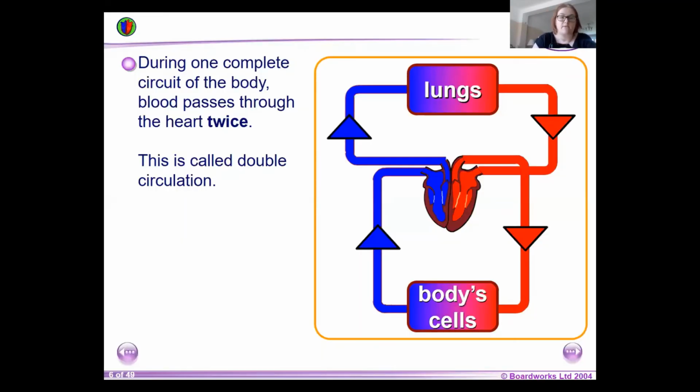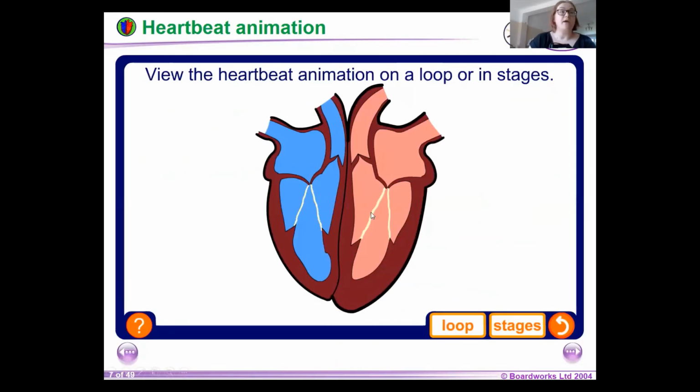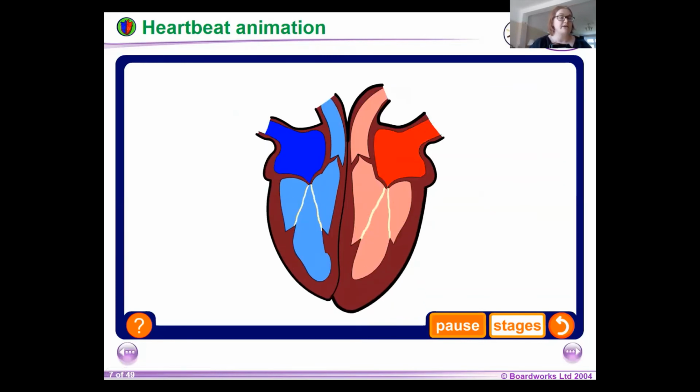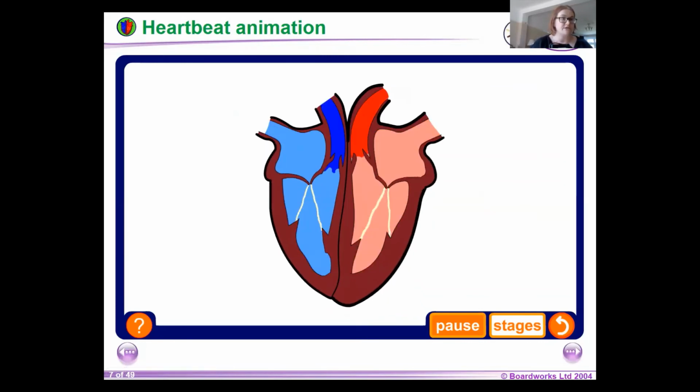So if we go back and have a look at our heart again, we've gone through the structure of our heart, so I want us to think a little bit about the heartbeat. We should now be able to see our heartbeat and see what's happening whilst the heart is beating. So blood's going into the top and then out. It goes into those atria, down into the ventricles, and then out again.